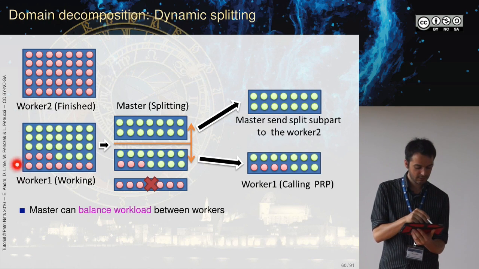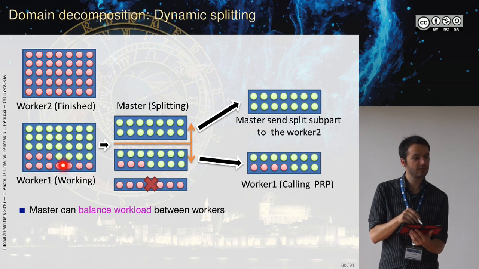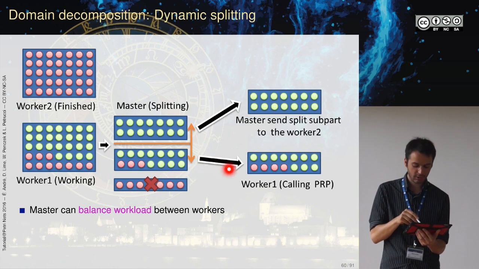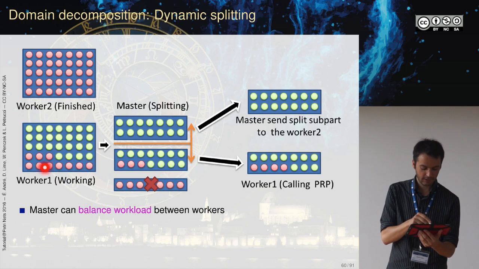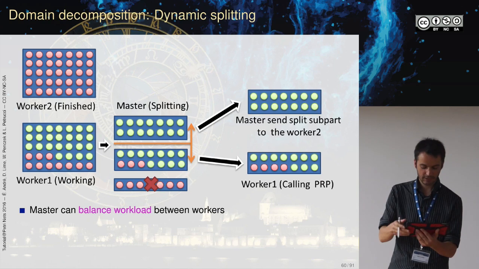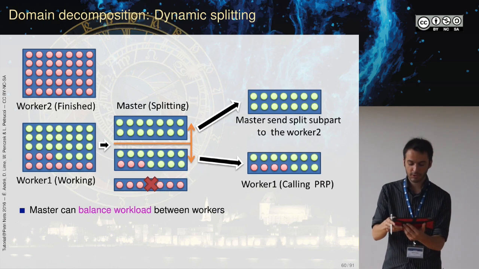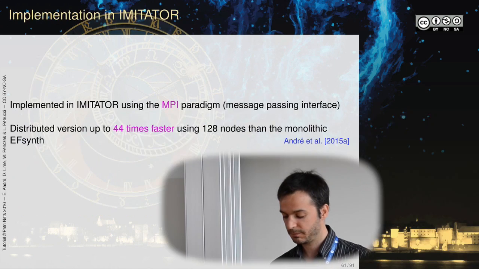The master finds a worker that only covered a very small part of its domain. It will cut it into two parts, give one of them to the second worker, and leave the unfinished part to the ongoing worker. And the part that is already totally finished is just dropped because it is finished. So the master will balance the workload between the workers that way.